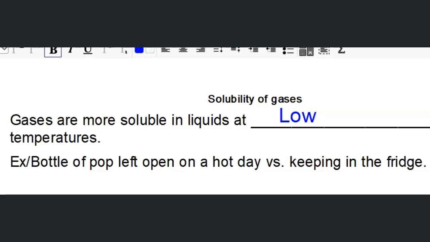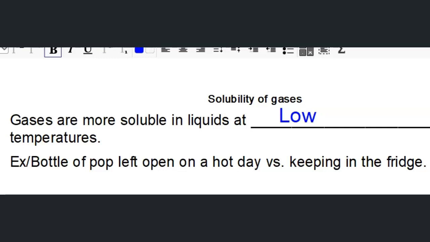And so by placing it outside on a hot day, that actually causes the molecules to move around more quickly, and as a result, that carbon dioxide can escape from the solution and enter into the atmosphere. Whereas in the fridge, where it's cooler, the molecules are moving more slowly and it's going to take longer for them to escape out of the solution.